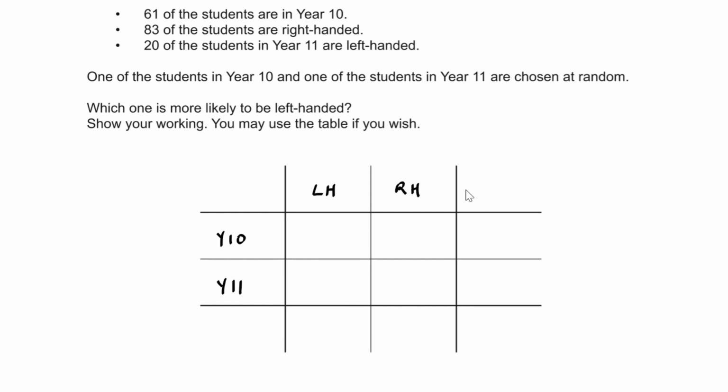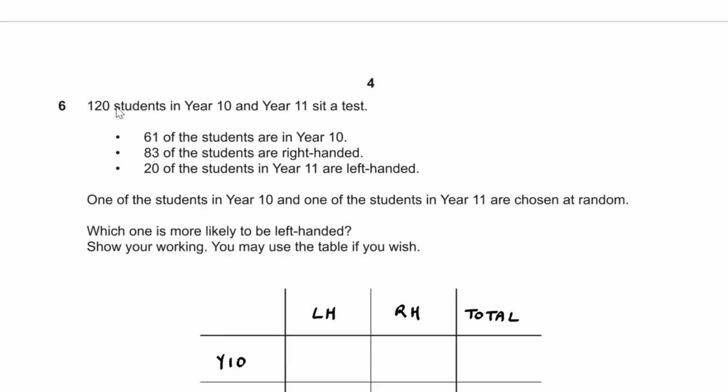And what we can do here is find the totals. So we've got the total here for Year 10 and we've got the total here for Year 11, and here we've got the total for left hands, here we've got the total for right hands, and here we'd have the grand total, and the grand total will be 120.